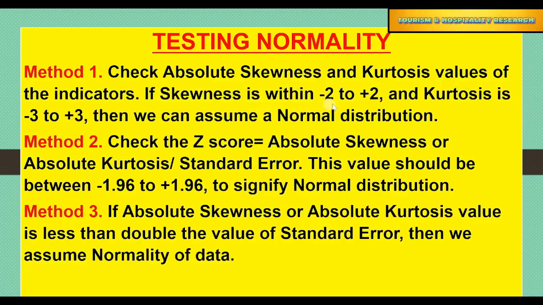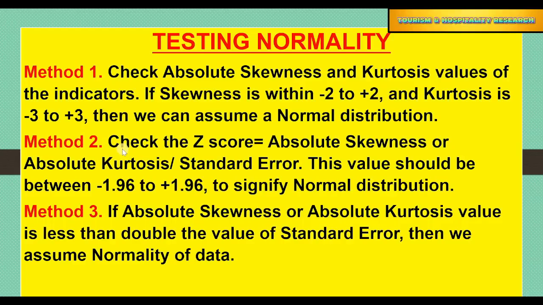If skewness is within -2 to +2 and kurtosis is -3 to +3, then we can assume a normal distribution. This is especially in case of univariate normality. So when you are assessing univariate normality, that is normality of each and every item or observable variable or indicator, then we can go ahead with these thresholds.